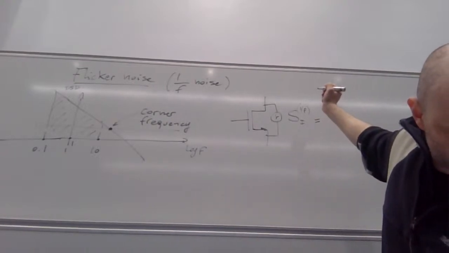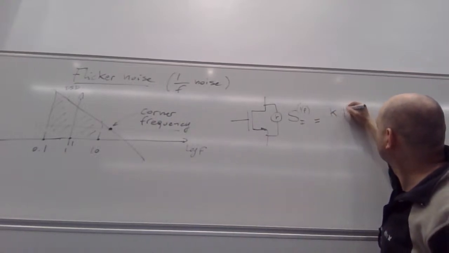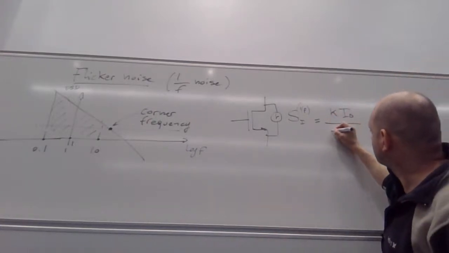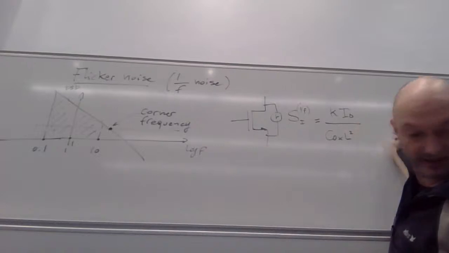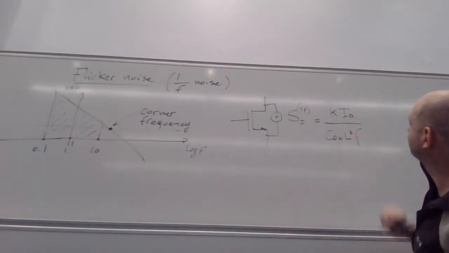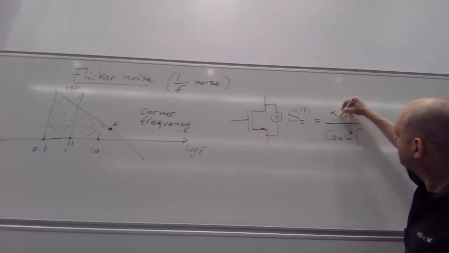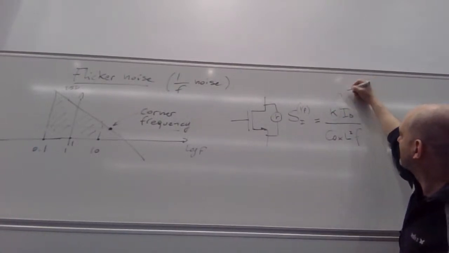Okay, so we have K times ID, over C oxide L square f, where K is not the Boltzmann constant, but is a constant.